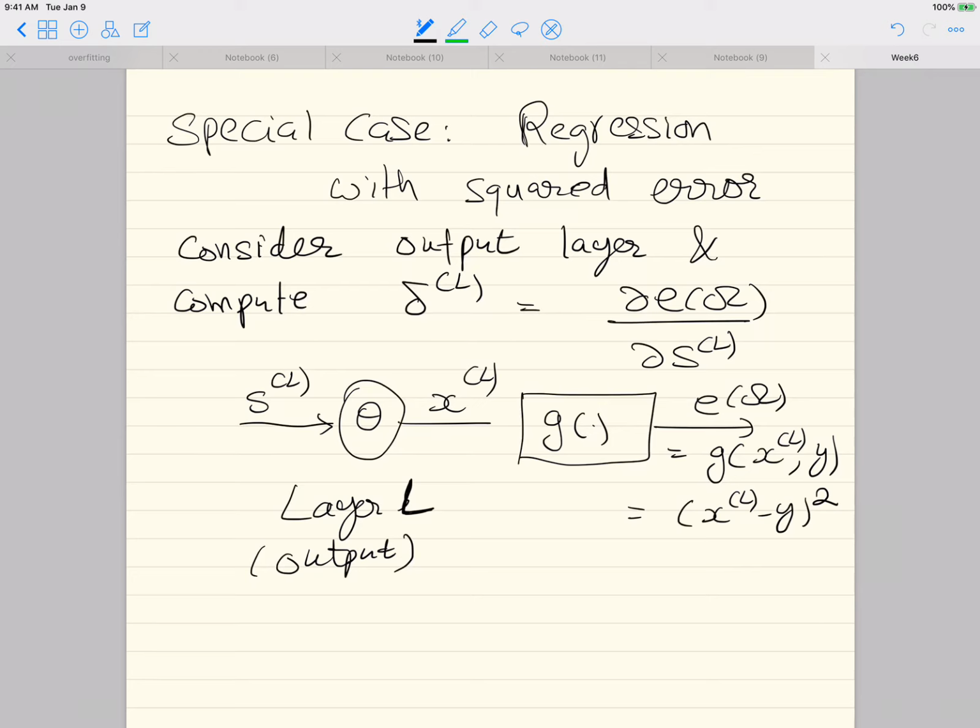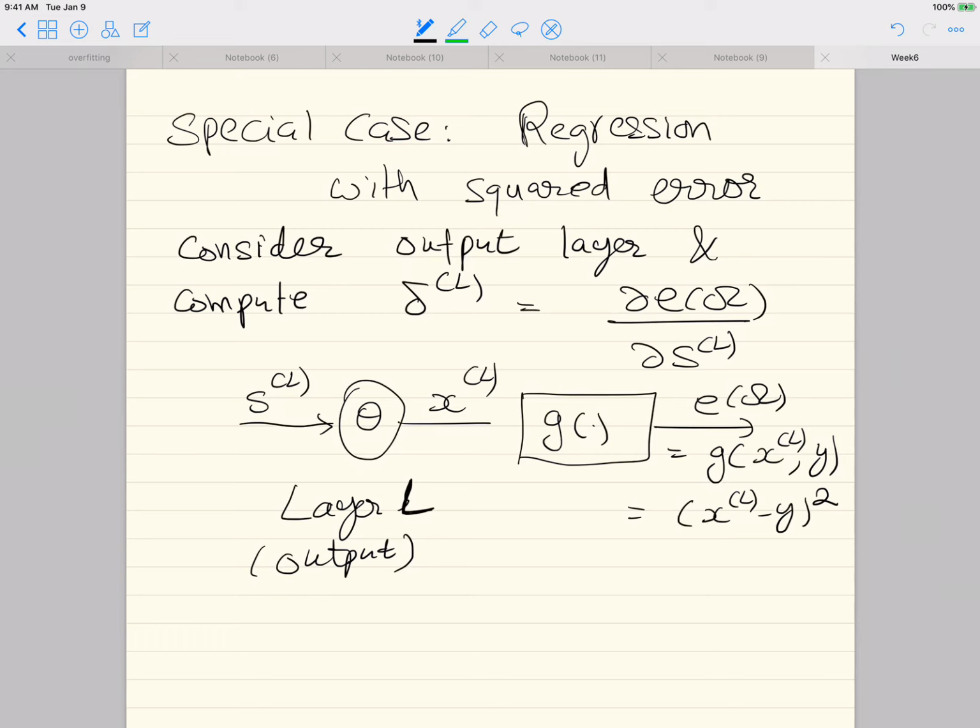The weights will come in the previous step, on how SL is computed. Here SL is already generated and fed into the activation function. XL is produced, and once XL is produced, you just compute this quantity, and that is your loss. So I want to compute the derivative of this function with respect to SL. That's the definition of my backward message in the last layer.